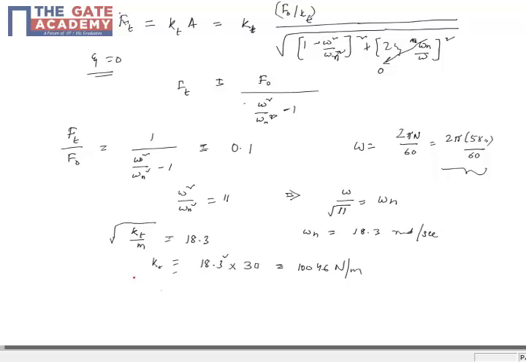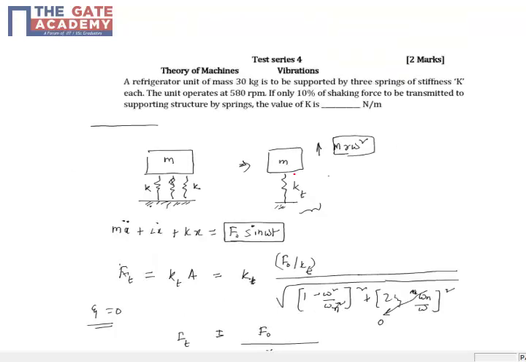Now I have 3 springs, so kt will be 3k, so k will be 10046 by 3, which is roughly 3349 Newton per meter. This is just a sample example for the forced vibration case.